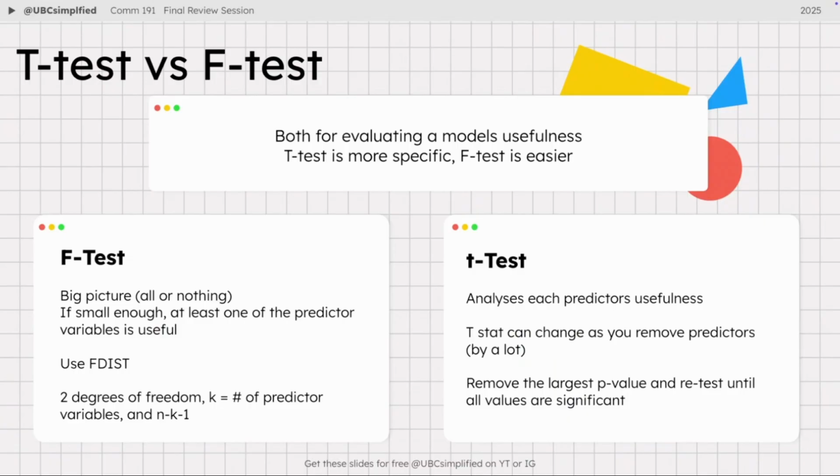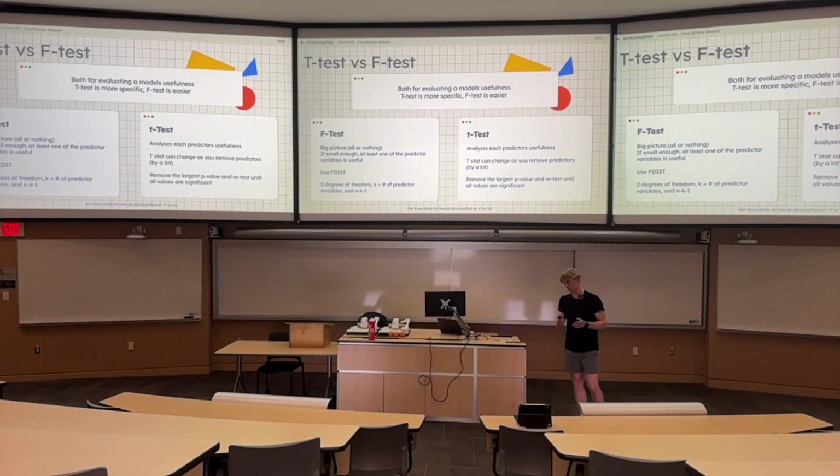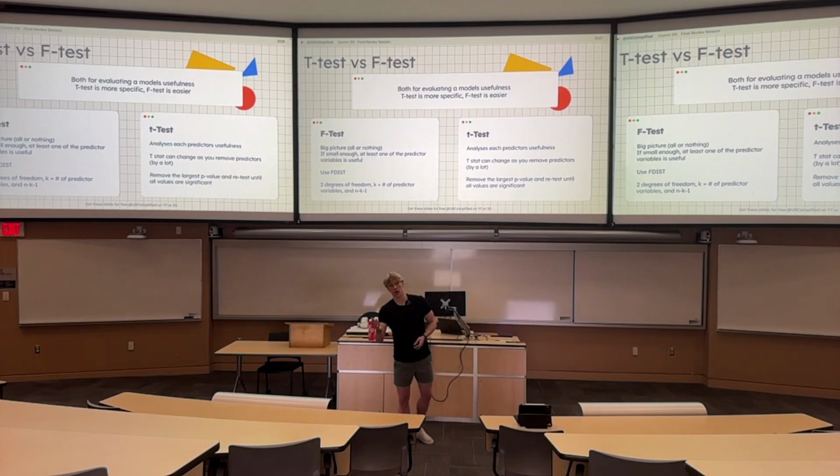The null hypothesis for the F-test is that all of the predictor variable slopes aren't useful, and their slopes are equal to 0. For this, you'll get your test statistic. You'll use FDist, and you'll have two different degrees of freedom.